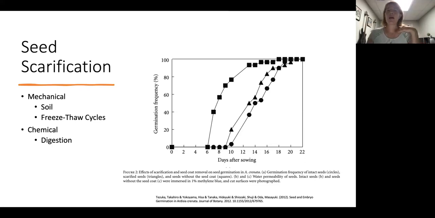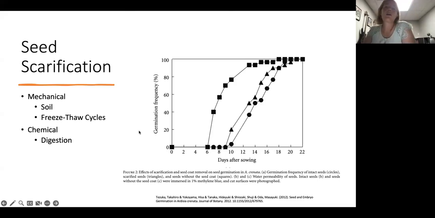And we know that the digestive juices are very, very strong. And so the chemicals that are found in our digestive juices, the acids and bases, actually can break down the seed coat as well. And so some seeds won't germinate unless they have actually gone through the digestive tract.